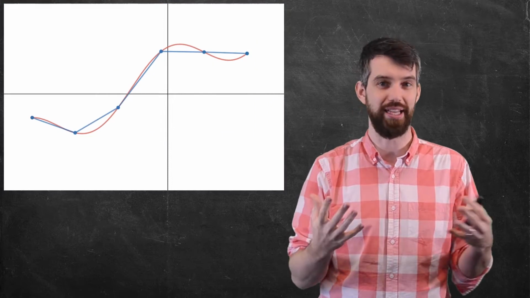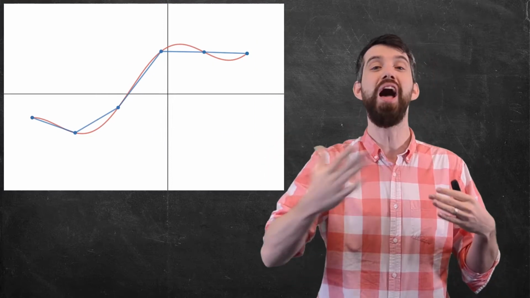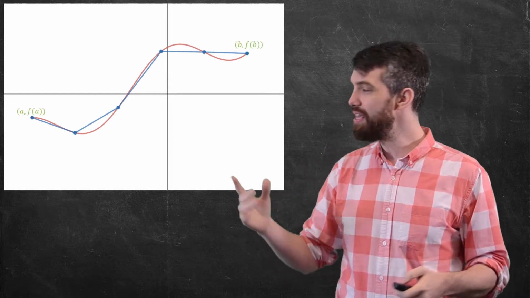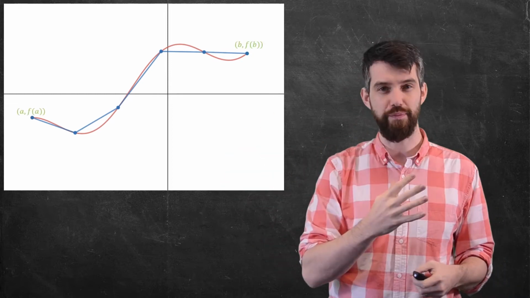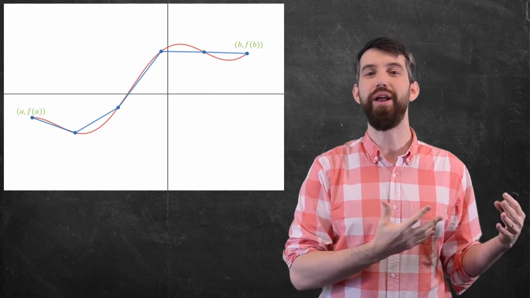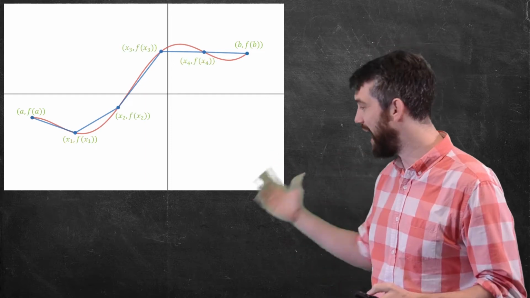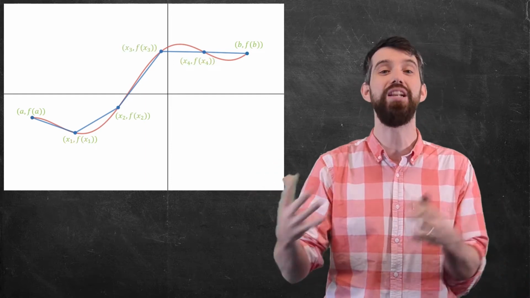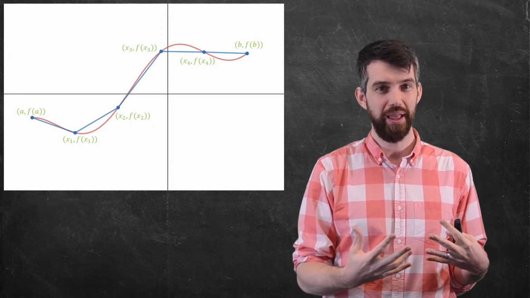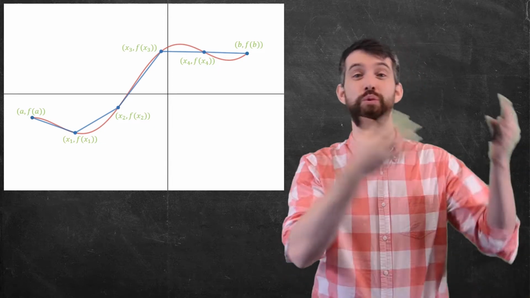Let's do one where I've broken up into 5 different little straight lines. I have a, f of a and b, f of b, but for all the inner points, I'm just going to call them generic x sub i. So there's going to be an x1, an x2, an x3, and so on. Generically, an x value xi. Now, what are my delta x's and delta y's?